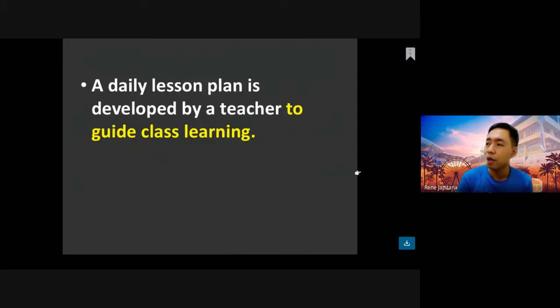Some prepare it depending on the institution, depending on the school, depending on the authority that requires them.